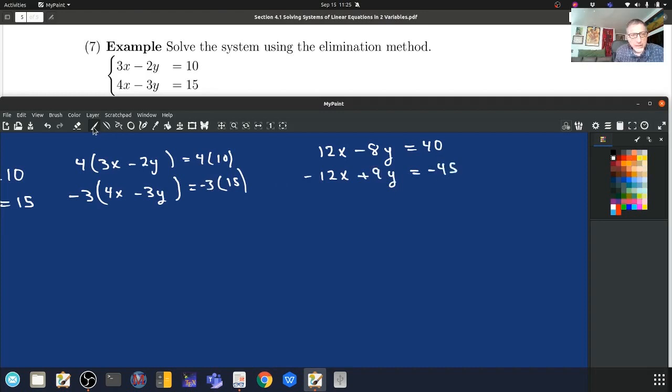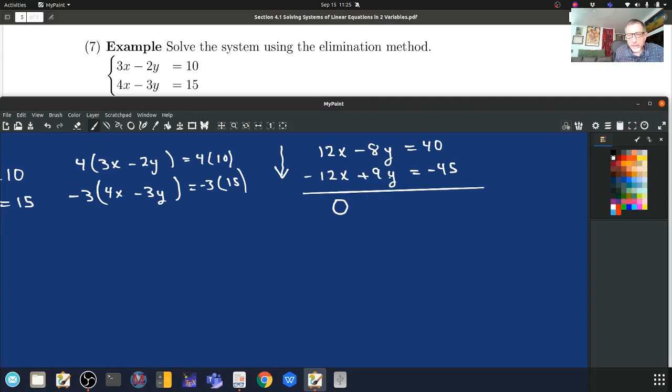So now I'm going to do the vertical addition principle. My whole reason for choosing 4 and minus 3 the way I did is so that when I add them together vertically, one of these terms is going to vanish. So 12x minus 12x is 0.